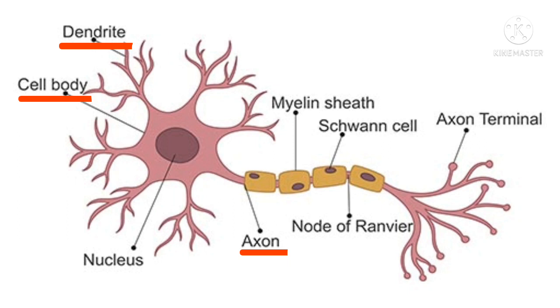The axon is again covered by a protective sheath called myelin sheath, which is further covered by a layer of Schwann cells called neurolemma.